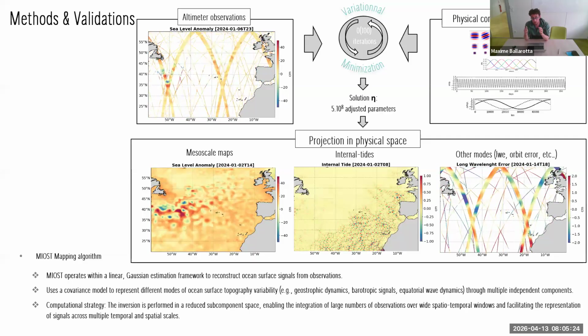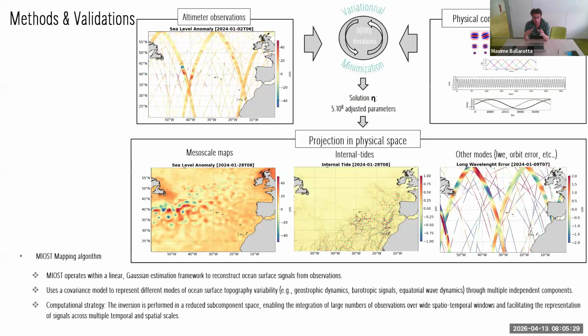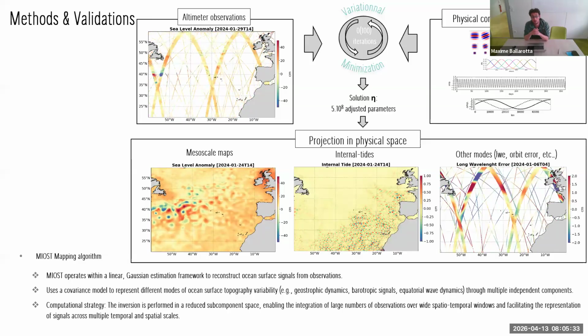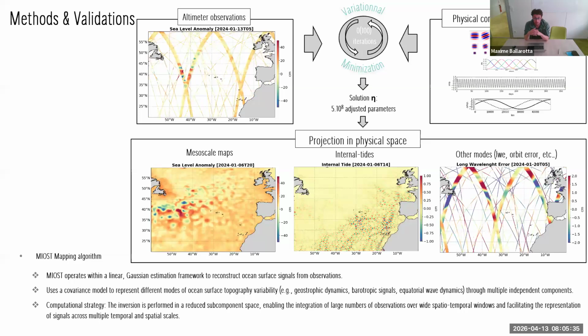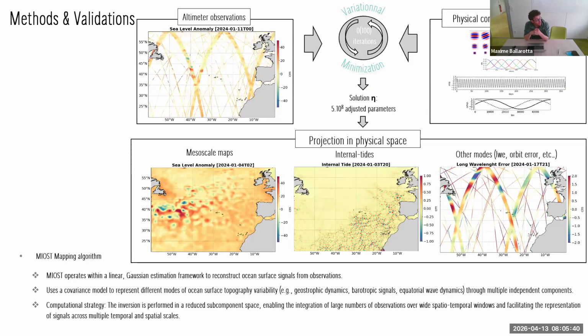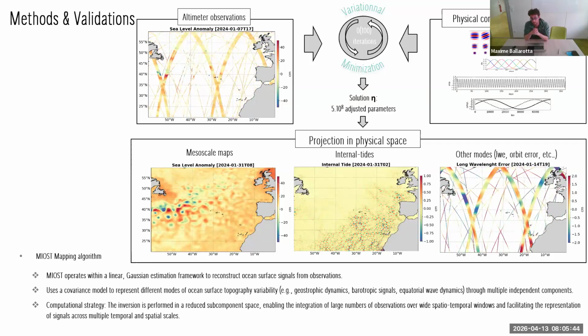But the MIOST system has also been applied to solve other problems such as coherent internal tide mapping, or at the beginning it was developed in the context of the SWOT observing system, as far as I remember.